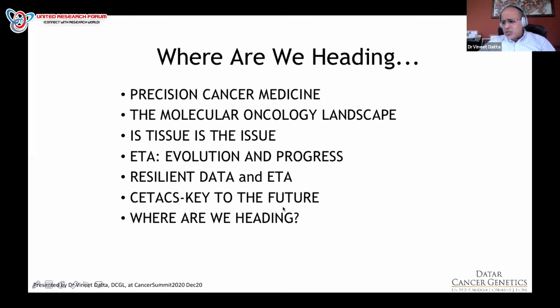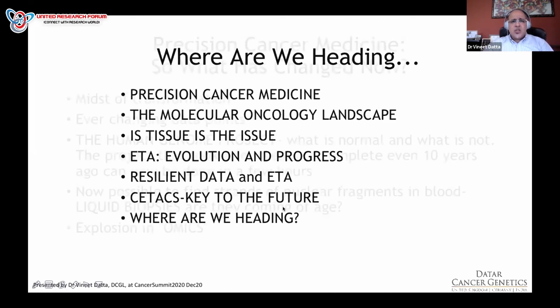One would be quite loath to look at titrating antihypertensive medication for a blood pressure that was 2, 3, 4, 5 months ago. Similarly, in my view, it makes very little sense to base treatment decision-making on old biopsy and old tissue without looking at real-time tumor dynamics, which are extremely dynamic and change, as I mentioned, over a period of time.